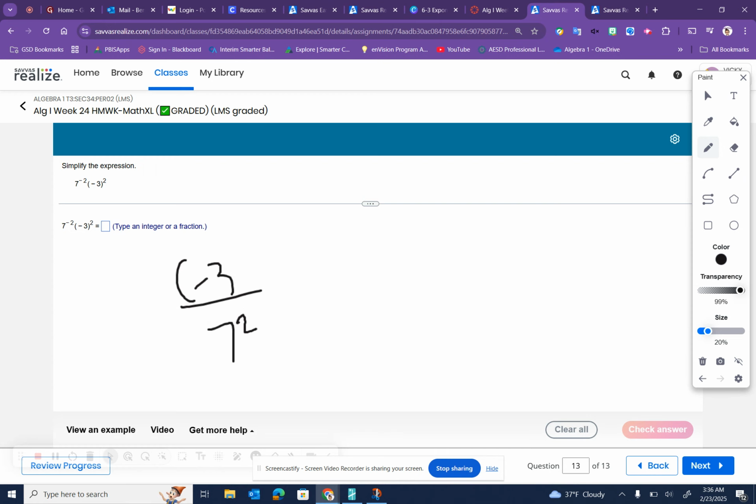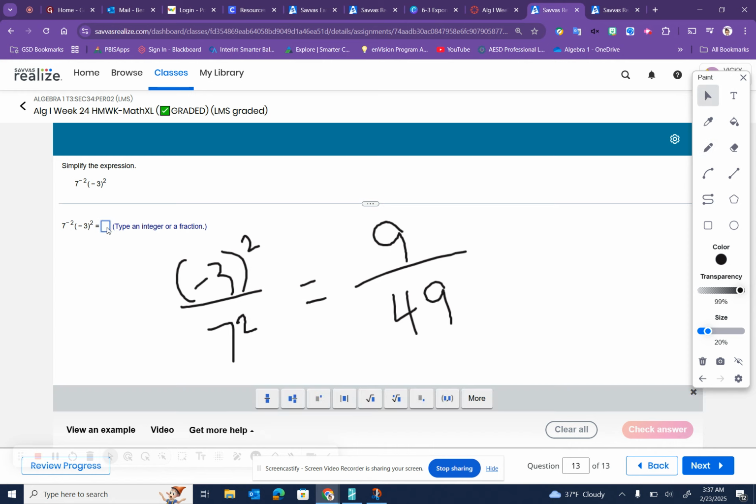I do have a negative base here that is to the 2nd power. A negative 3 times a negative 3 is a positive 9. A 7 times a 7 is 49. It does say type an integer or a fraction. So this would be equal to 9/49.